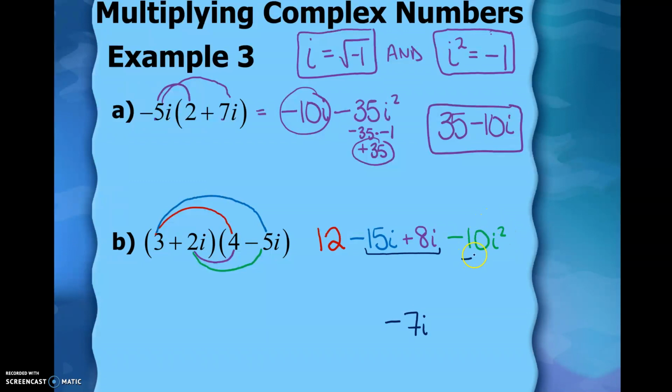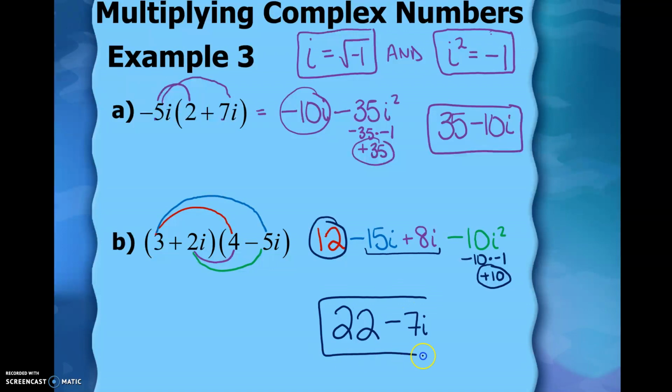So this term is really -10 times -1, which means it's +10. So you have +10 and +12, which is 22. And you want to write the 22 in front because that's the real part, and the -7i is the imaginary part. So our final answer is 22 minus 7i.